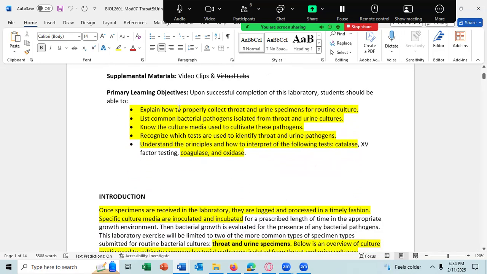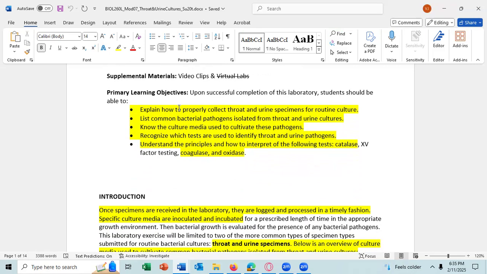Your learning objectives for this lab are: 1, be able to explain how to properly collect throat and urine specimens for routine culture in the lab. 2, list common bacterial pathogens isolated from throat and urine cultures. 3, know the culture media used to cultivate these pathogens. 4, recognize which tests are used to identify throat and urine pathogens.